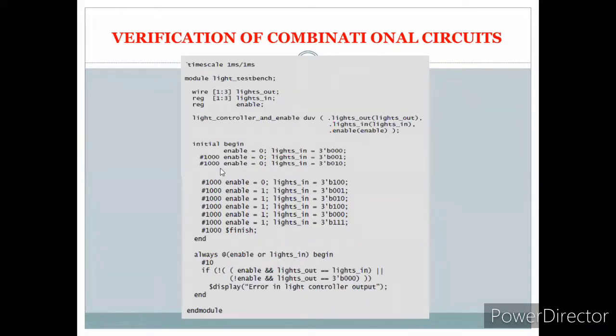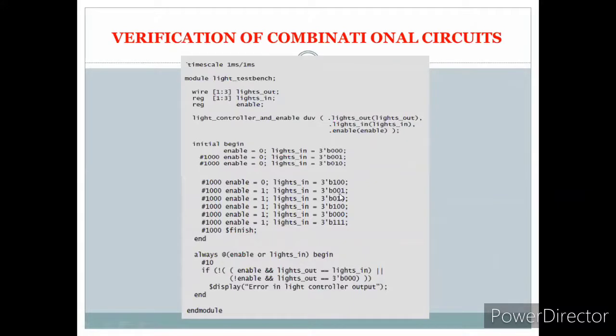Here it is milliseconds, so it will be in terms of milliseconds. Now, when enable is 1, light input is 3'b001. For all the remaining 5 cases, the respective light inputs will be displayed at the output after every 1000 milliseconds, because your time scale is in terms of milliseconds.